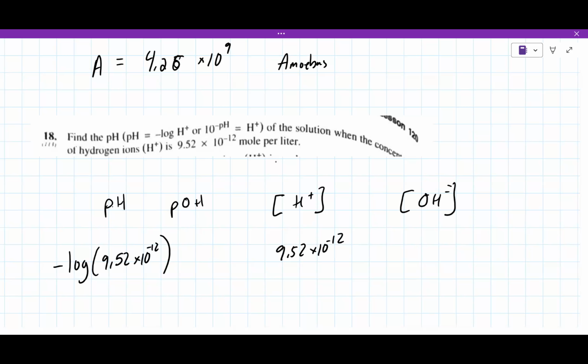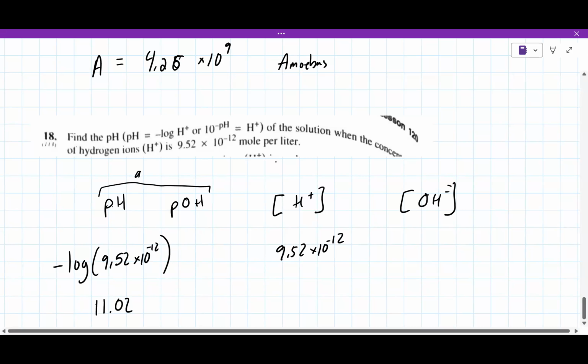Yeah, if you don't mind. It should be a number between 1 and 14. 11.02. Okay. So the pH and the pOH, the sum of those, they add to 14.